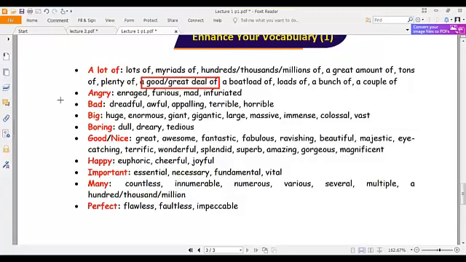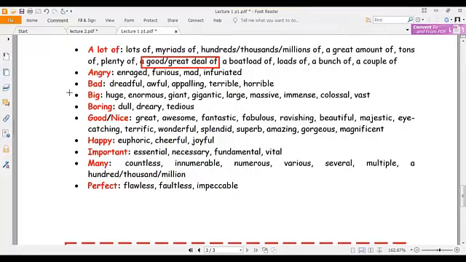Bad: dreadful, awful, appalling, terrible, horrible. Thank you. Big: huge, enormous, giant, gigantic.